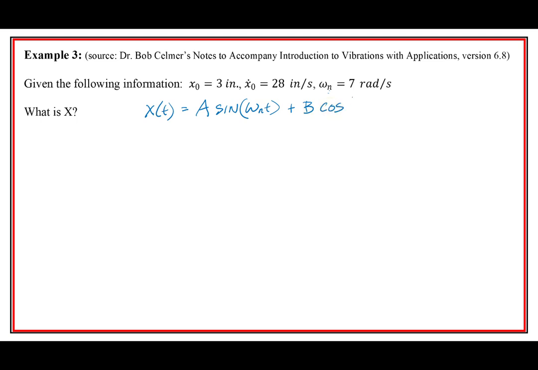All right. So x dot, as a function of time, is going to be a times omega n cosine of omega nt minus, there you go, b times omega n times the sine. That's what had me worried.